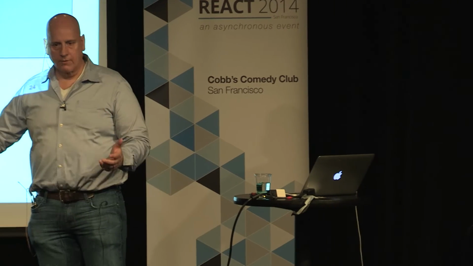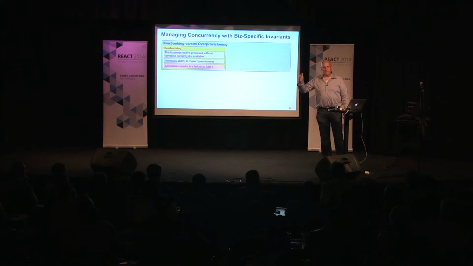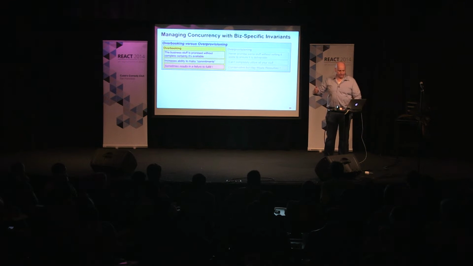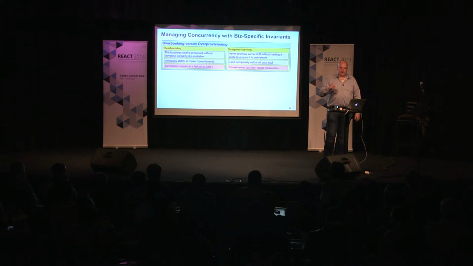Overbooking versus over-provisioning. Overbooking is I promise stuff that I don't know I can give you. That allows me to do more and optimize my system if I don't mess it up. Airplane seats, overbooking. Sometimes it results in a failure to fulfill. On a whole, it results in better average efficiency. Over-provisioning: never promise something without setting it aside to ensure you got it.